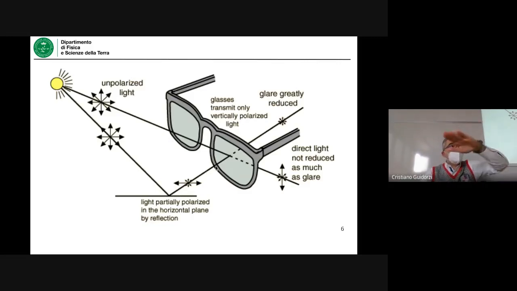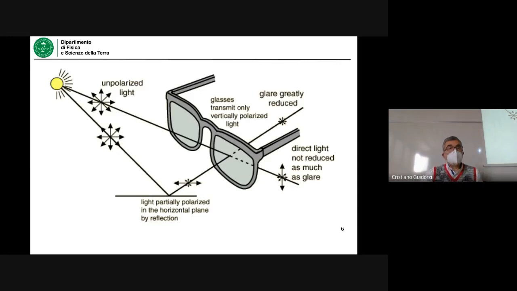In particular, the horizontal component of the electric field is much less suppressed than the vertical one, which is the reason why polarized sunglasses are very effective in suppressing the reflected light, because the reflected light is mostly polarized horizontally.